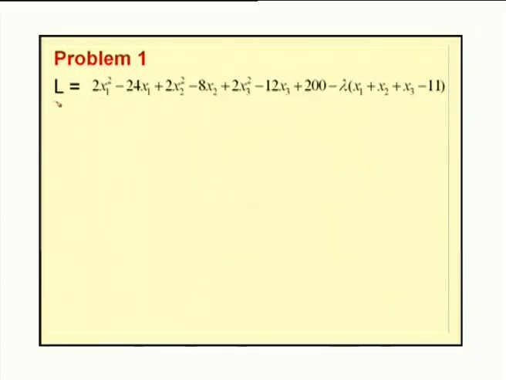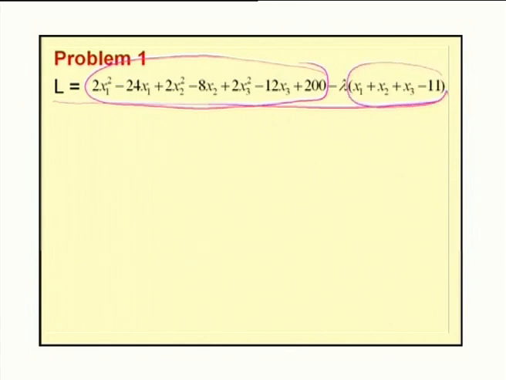For the given problem, the Lagrangian function is L of x1, x2, x3, lambda equals 2x1 squared minus 24x1 plus 2x2 squared minus 8x2 plus 2x3 squared minus 12x3 plus 200. This is our function f of x1, x2, x3, minus lambda into h of x1, x2, x3, which is nothing but x1 plus x2 plus x3 minus 11 equal to 0.